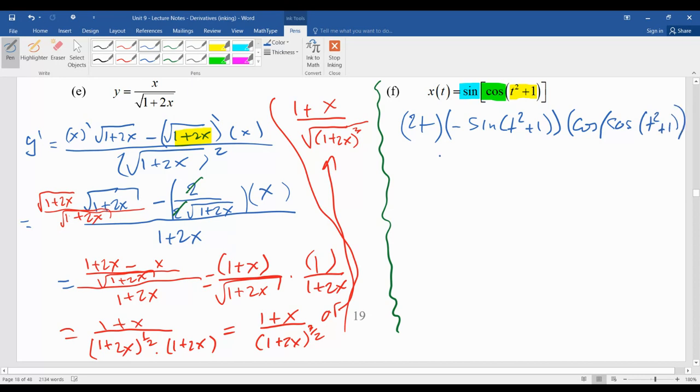Okay. So the only thing we can do is multiply the 2t by negative. So negative 2t, let me write a t a bit better because this looks almost like a plus. So negative 2t, sine of t squared plus 1, cosine of t squared plus 1.